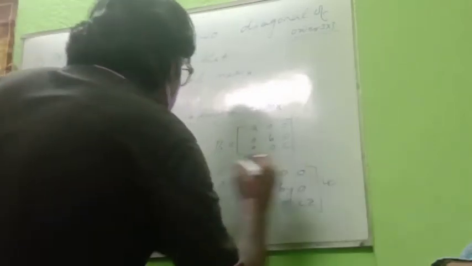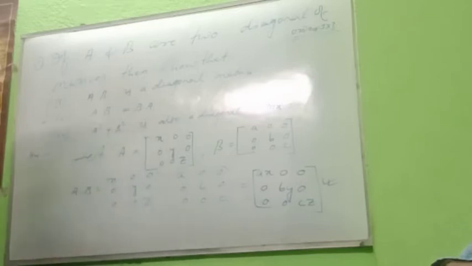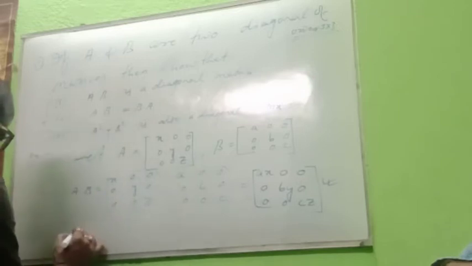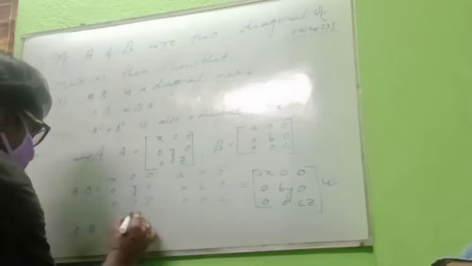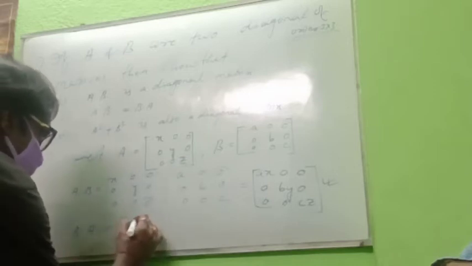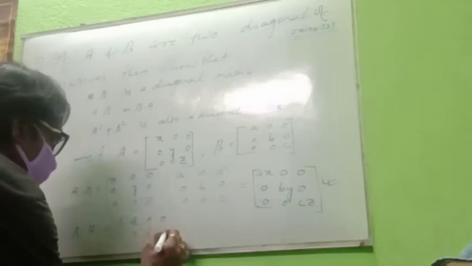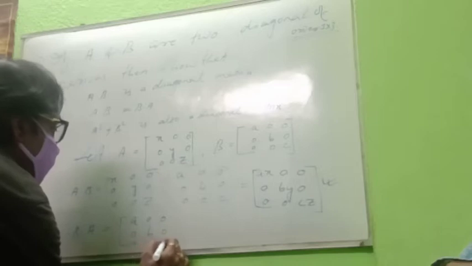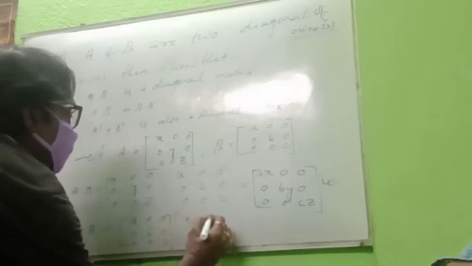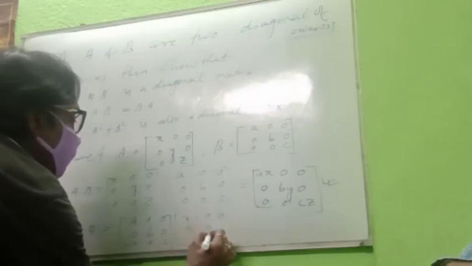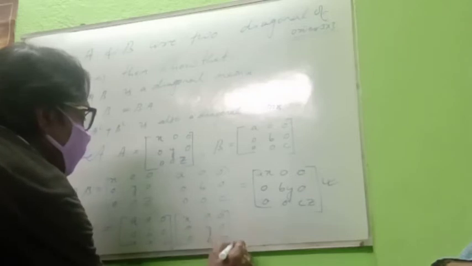Proof of the first part: they are telling AB is a diagonal matrix, that is proved. Now find BA. If I multiply B with A, that means a 0 0, 0 b 0, 0 0 c with x 0 0, 0 y 0, 0 0 z, what result will I get?